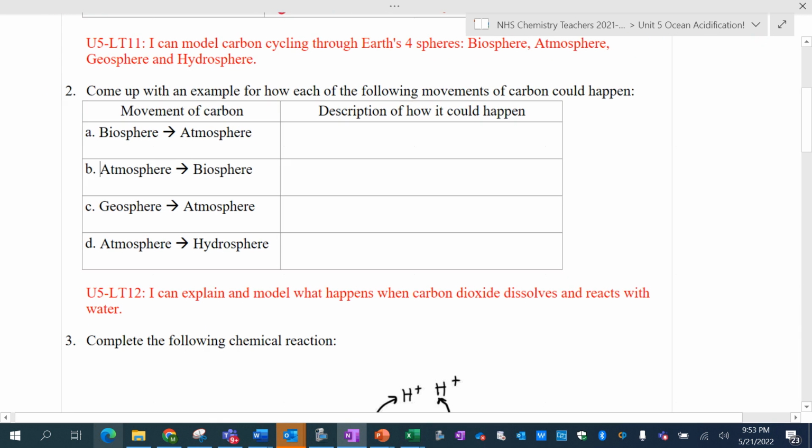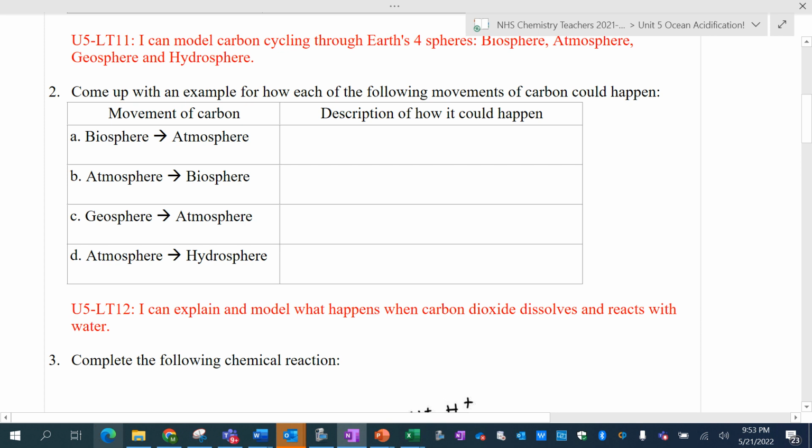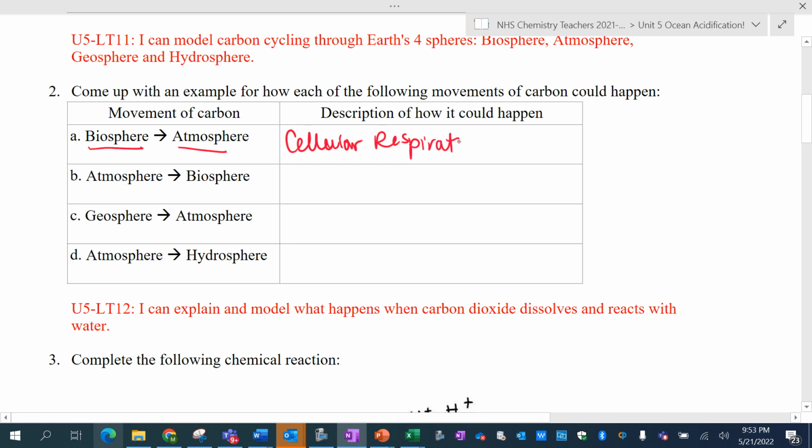All right, now we need to come up with an example of how carbon could move in these ways. So how can carbon move from the biosphere to the atmosphere? We already had an example of a forest fire. We could also use cellular respiration. So that's breathing. So humans, animals, we are moving carbon into the atmosphere.